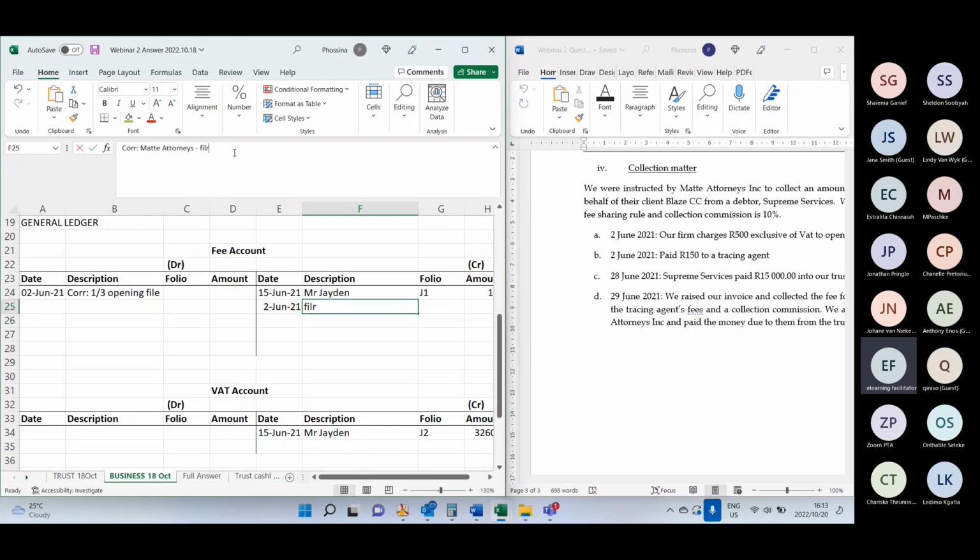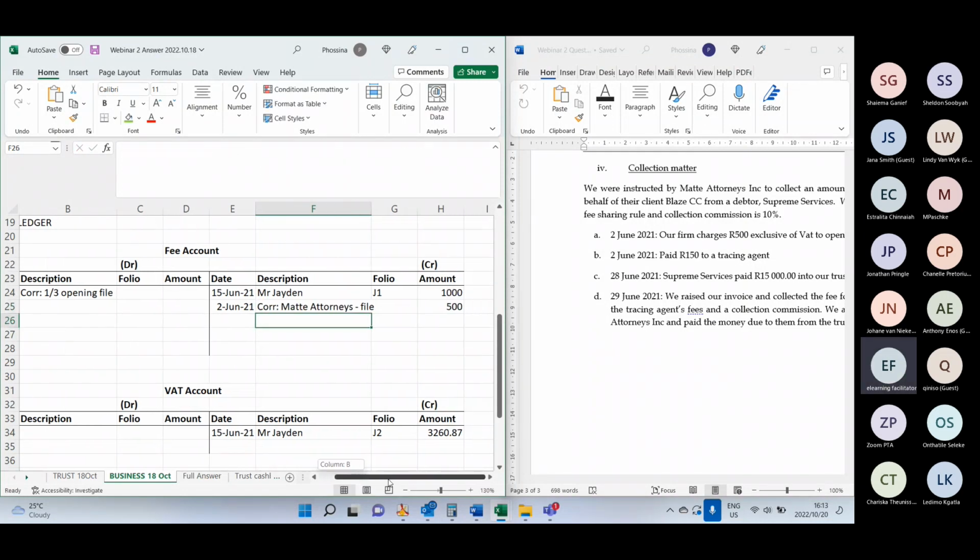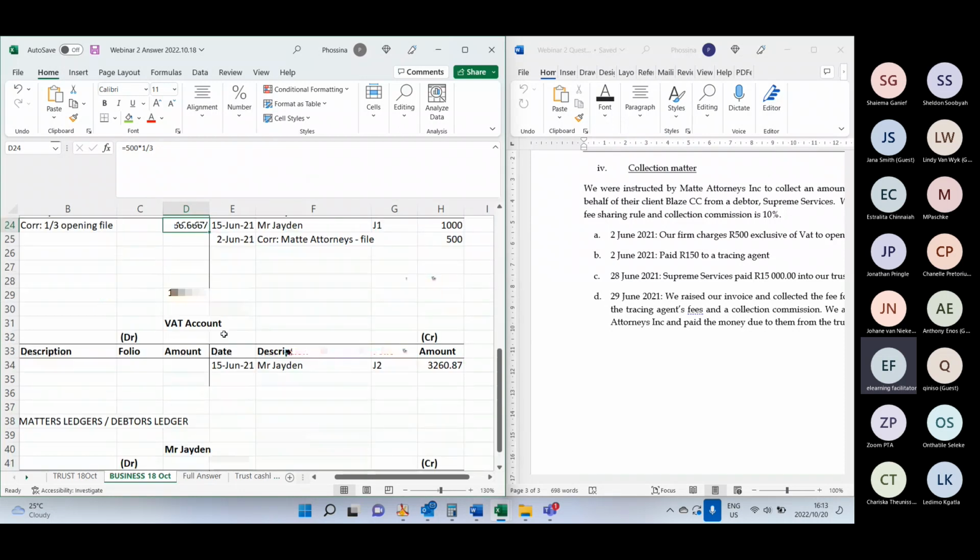If we are charging a third, then out of our fee, we are going to reduce it. So we debit. It's 500 multiplied by 1 divided by 3, which is a third of that amount. That's what we are reducing. We need to record these transactions.